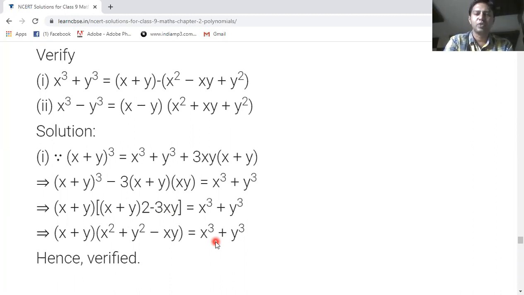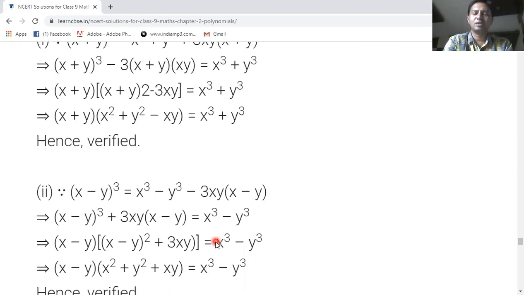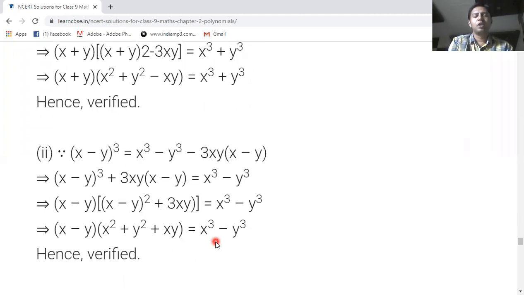Now the next identity is (x minus y) whole cube, and we need to prove that x cube minus y cube is equal to (x minus y)(x square plus y square plus xy).